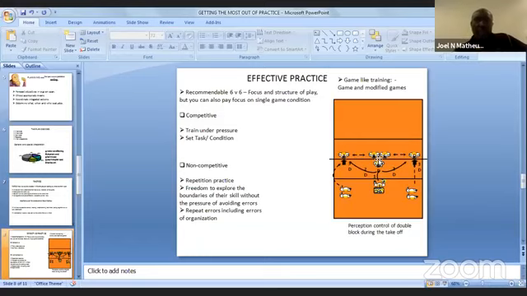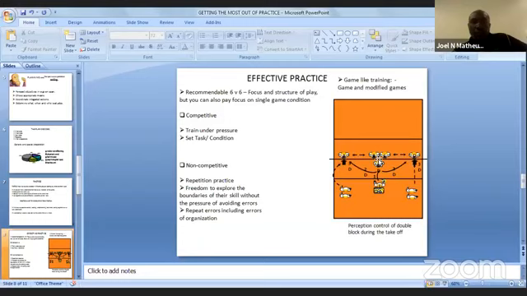We should never train at less than what is expected. That's why we must train under pressure, and then we must test the task and the conditions of the practice as coaches.